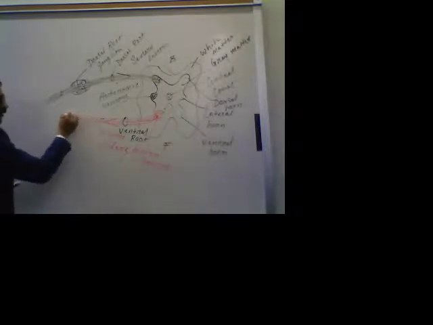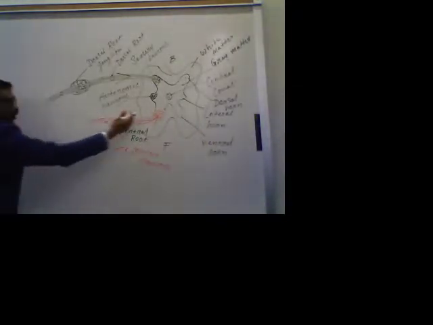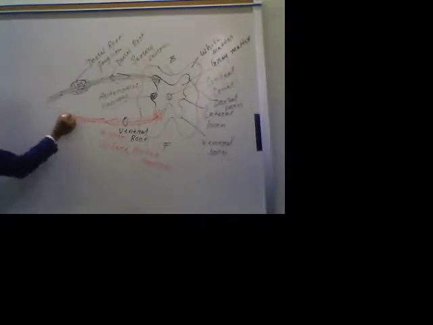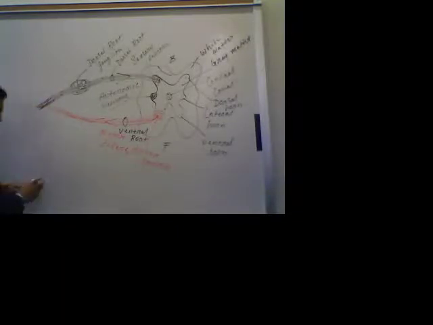Okay, now these fibers take the signal out from the spinal cord this way, and then what happens, you see here, these motor fibers of the ventral root and the sensory fibers of the dorsal root meet together here. They join together. That means the ventral and dorsal roots join together, and that is the spinal nerve.